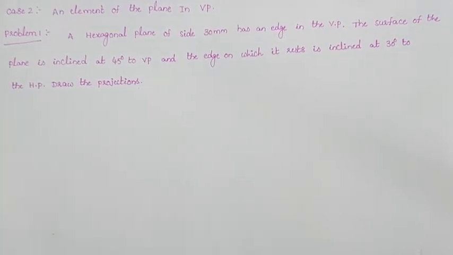Coming to the third position: the edge or diagonal or diameter or side inclination with respect to the HP. In the third position, in the second front view, we identify the diameter or diagonal or the side, and tilt it with the angle of inclination with respect to the HP, and draw the third front view of our diagram.